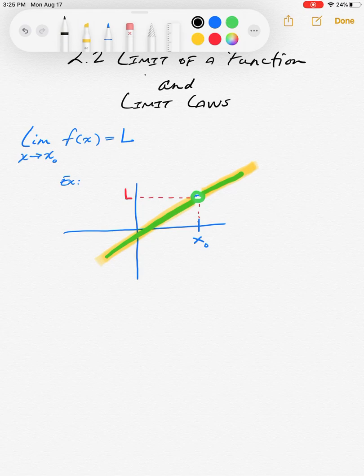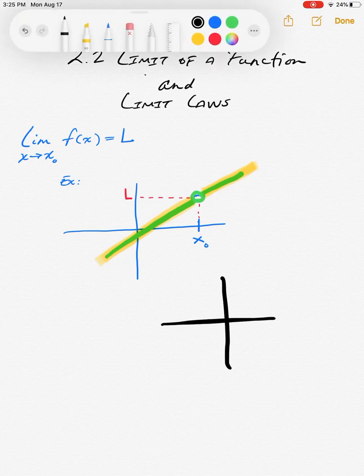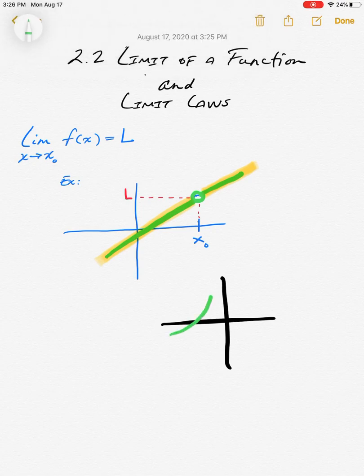Let's say we have a new graph, and it gets right there, and right here.